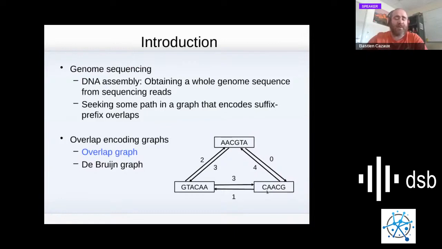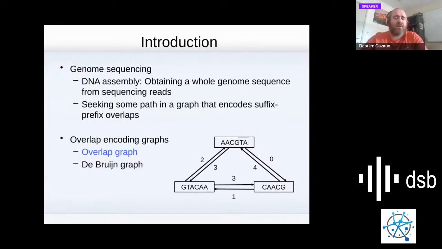An overlap is a suffix of the first word which is also a prefix of the second word. Here we have AACG, which is in the prefix here, and AACG is a suffix here. So it's a maximal overlap, and it's a weight in the overlap graph.